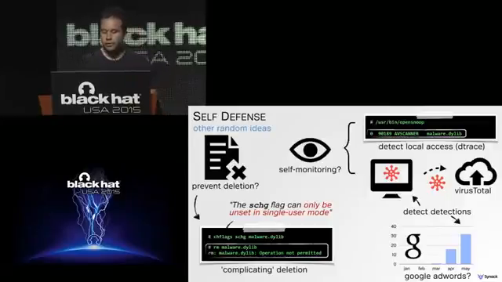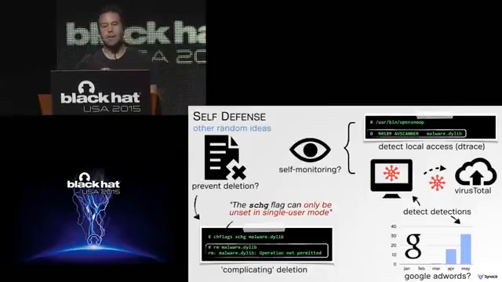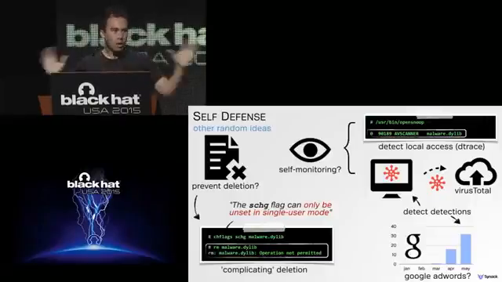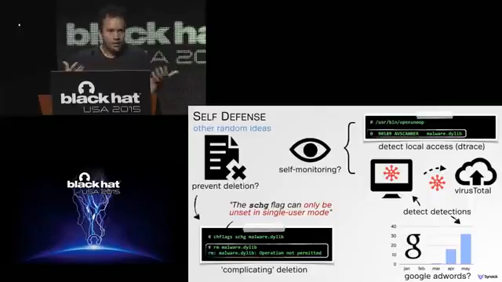So you can use dtrace or FS events to monitor file system access, so you can see if someone's making a copy of you to a USB stick or even poking around in the directory where you live. You can also monitor the network and see, hey, am I being uploaded to VirusTotal? And then if you detect any of these events, like blow up the computer or at least format the hard drive or something, because this will basically prevent you from being more detected.